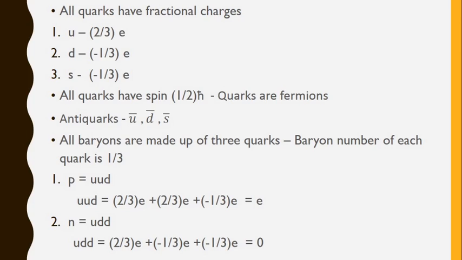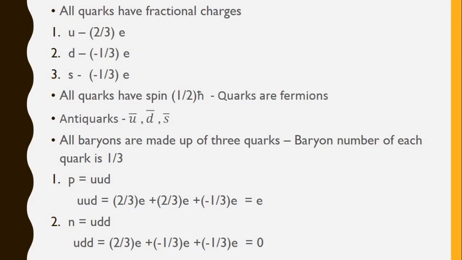Different from that concept, all quarks have fractional charges. The up quark has charge 2 by 3 e. The down quark has charge minus 1 by 3 e. And the strange quark has charge minus 1 by 3 e. So all quarks have fractional charges.